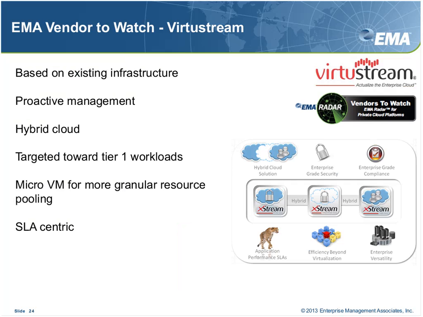VirtuStream also ties together customer data centers with its public cloud solutions so that you can seamlessly burst workloads and entire application environments to the VirtuStream cloud in a secure manner. Those were the 3 EMA vendors to watch for this year's Private Cloud Radar Report.